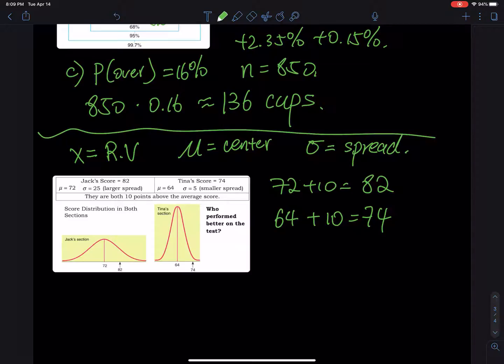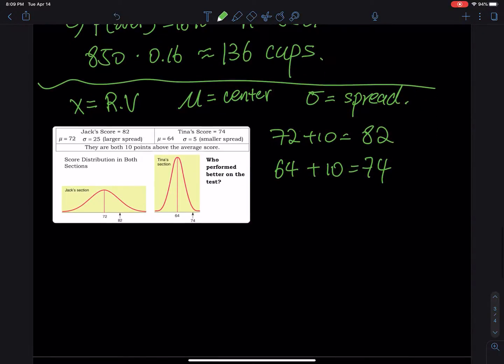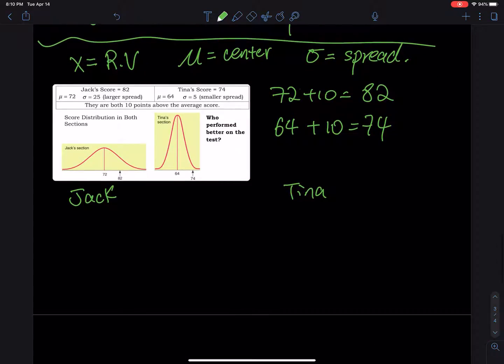How do I know which person is better? Now, to make such comparison, here is what I am going to do. We are going to do one comparison, one for Jack and then one for Tina. For Jack, I am going to take Jack's score, 82, subtract the average and then divide it by 25.